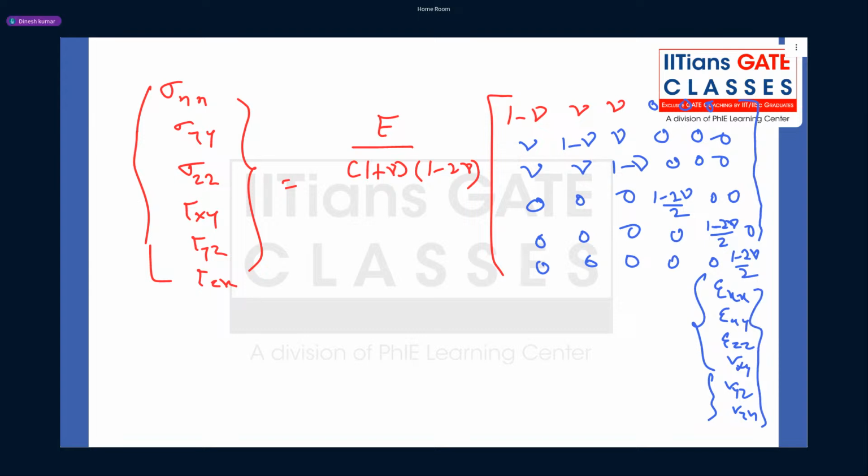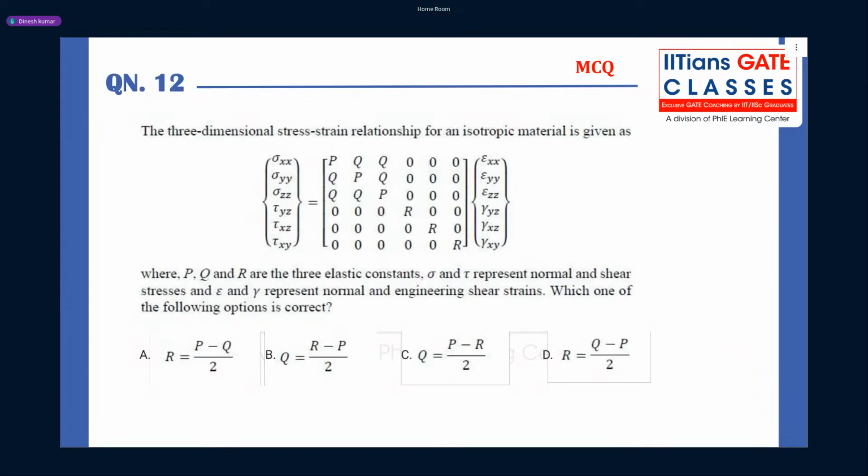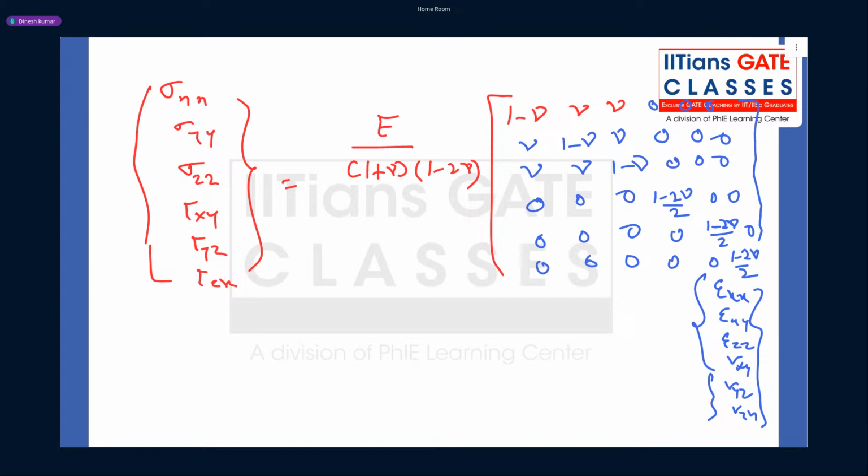Very good, Neil. Now guys, you can compare this with the given matrix, right? What is P, what is Q, and what is R? Yes or no? With this stress strain matrix, right? So what will be your P? P will be E into 1 minus nu upon 1 plus nu into 1 minus 2 nu.